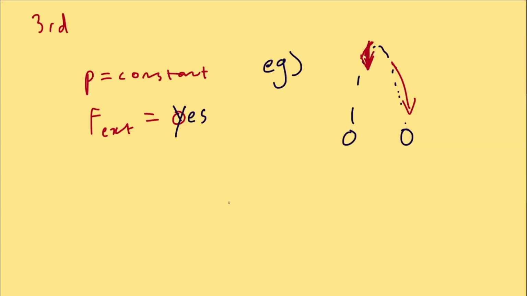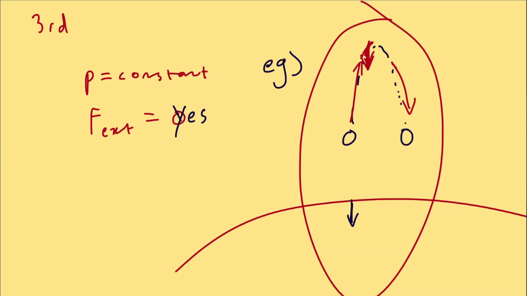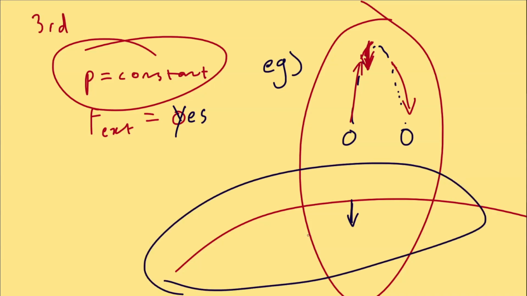But if you redefine your system as the ball plus Earth, then the total momentum is conserved, because as the ball goes up, Earth actually goes down by the tiniest amount, which means that in total the momentum balances, it stays constant. But only because we included Earth in our system.